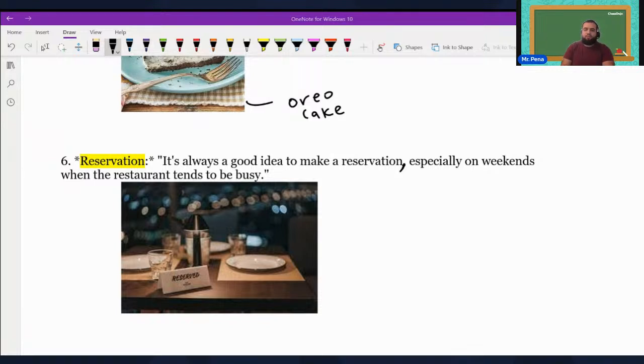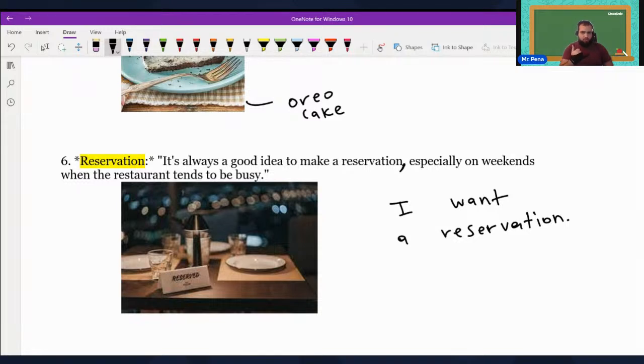Here's a very simple sentence for my low beginners. Are we ready? Very simple sentence. I want a reservation. I want a reservation.